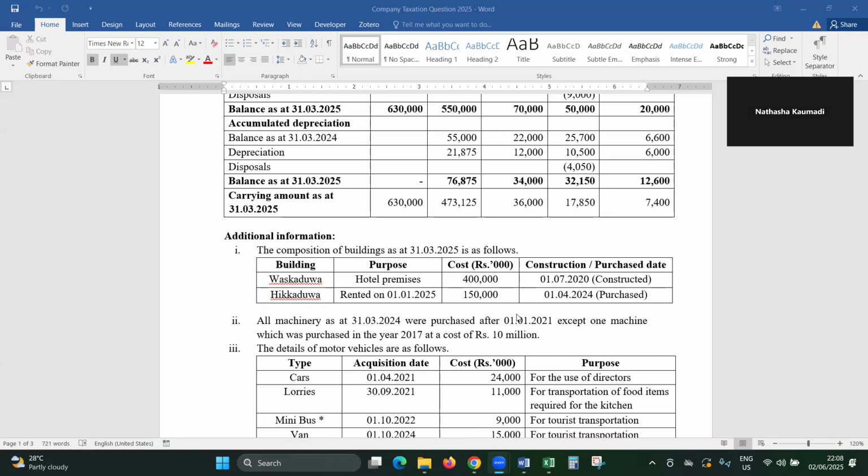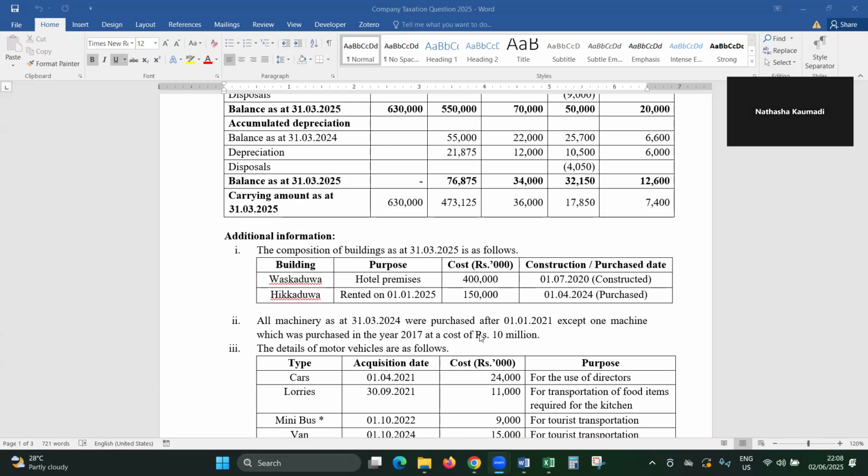Likewise, 5 years. But this 10 million worth machine purchased in 2017, how many years? 2017 gone, 18, 19, 20, 21, 22, 23, 24, almost more than 8 years.